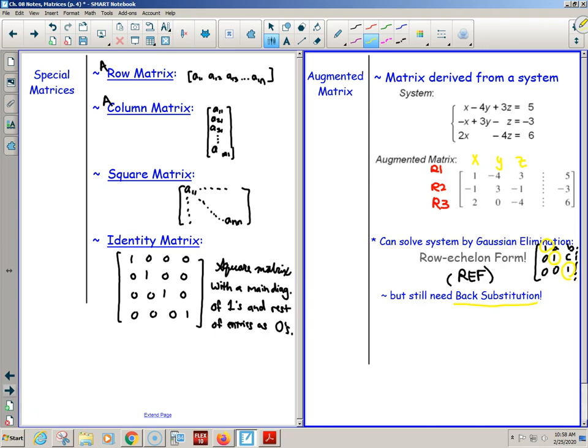We have to have 3 for 3. But that's not all we have. We also have these answers, which is going to lead us to a solution for the system. We're trying to get the variables to be an identity matrix of 1x equals, 1y equals, 1z equals, 1w equals. So we're trying to get 1s here and 0s everywhere else.